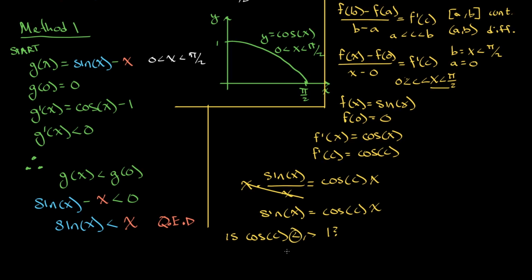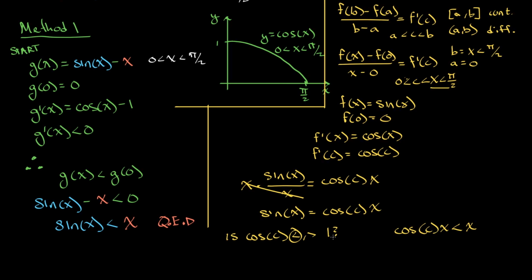And why is that important? Because now we can compare cosine of c times x with x. And we know it's going to be less than x, where c is ranging on this interval between 0 and pi over 2.